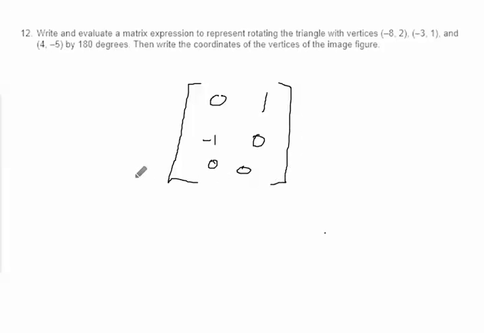Okay? And basically that's how I could rotate this matrix. So if I've got -8, 2, 0, there's 3 here. Got 4 points here. So let's see here. I've got 3 points here. So this will work. Okay. -3, 1, 0, and 4, -5, 0.